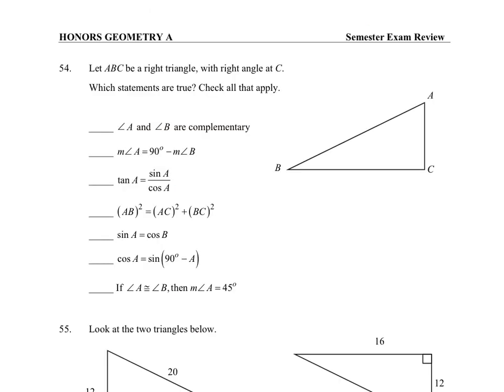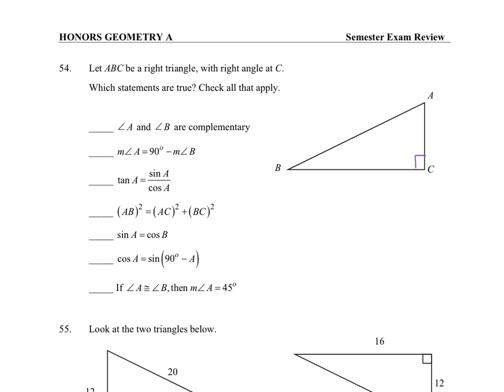Question 54 says, let ABC be a right triangle with the right angle at C. So we're going to have a right angle right there. Which statements are true? Check all that apply. So the first one is angle A and angle B are complementary. Remember, the way I like to remember it is the right thing to do is to complement someone.